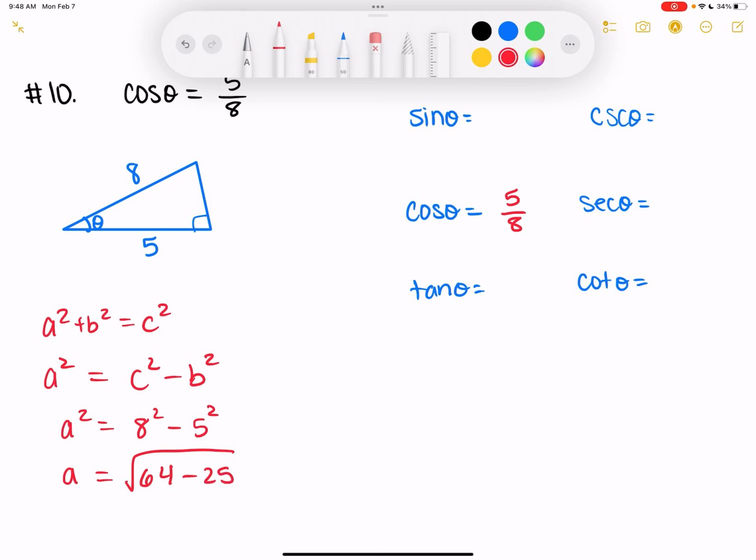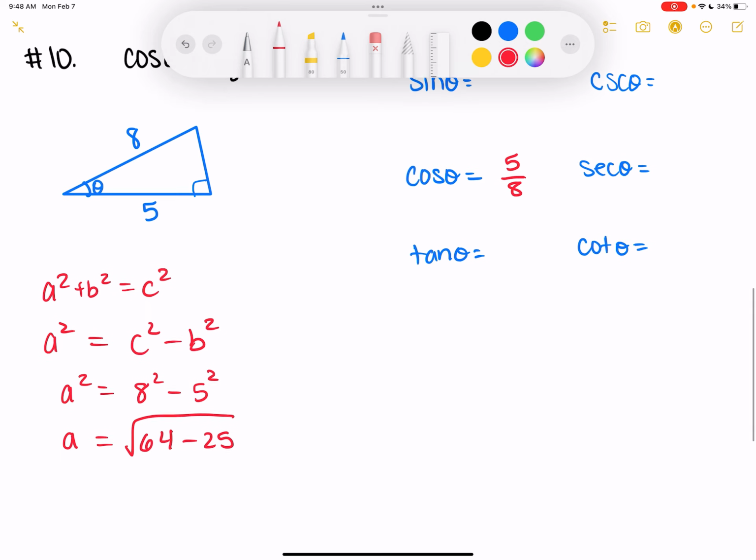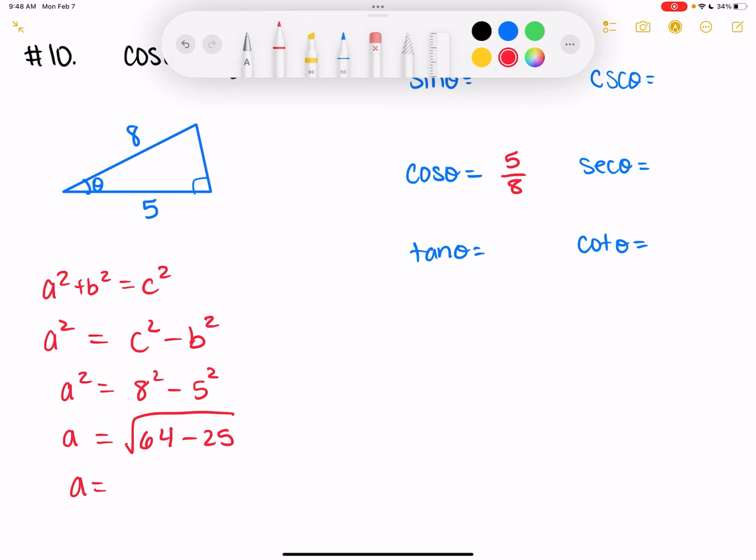Is that 39? Yes. So a is the square root of 39. I don't think that could be reduced even if you wanted to, because then that'd be 3 and 13, I think. So that wouldn't work.